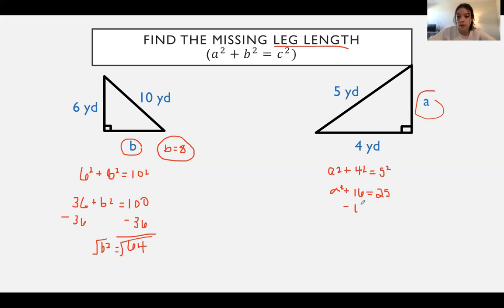Minus 16 on both sides. 25 minus 16 is 9. So we get a squared equals 9, and then we square root both sides. So we get a equals 3. Pretty simple. As numbers get bigger, it gets a little more complicated, but you just have to do the math out.